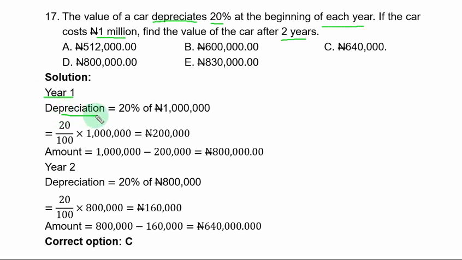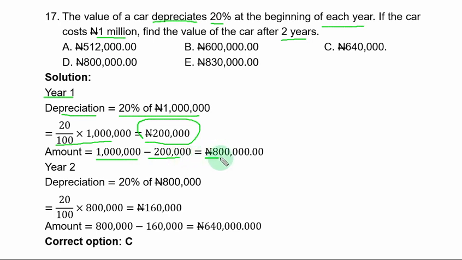The depreciation is 20% of the cost. That is 20% of 1 million. You express it in this form, and that is 200,000 naira.